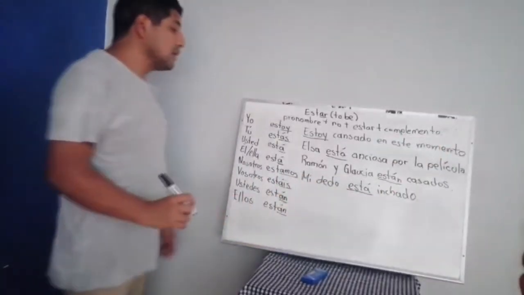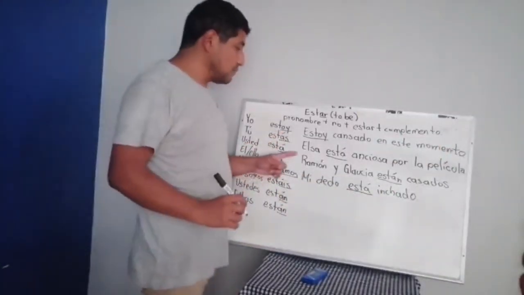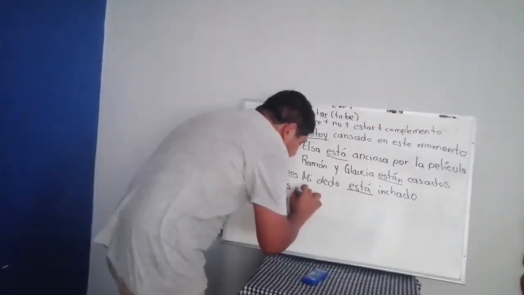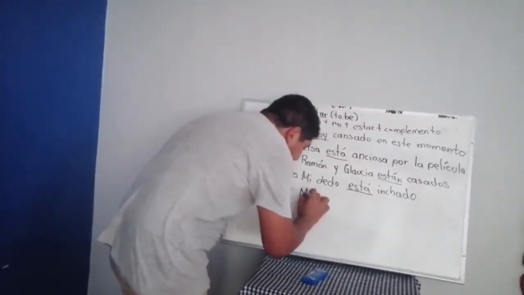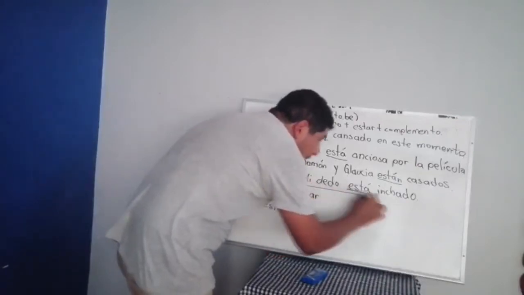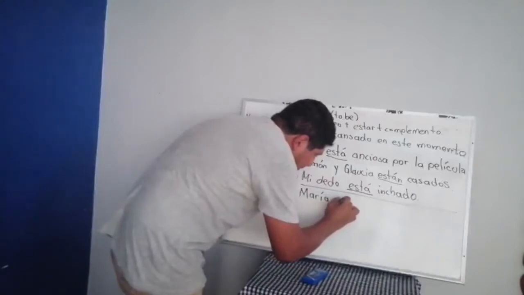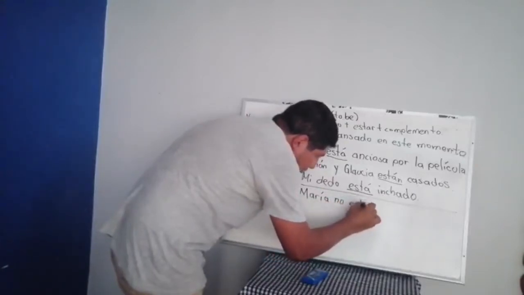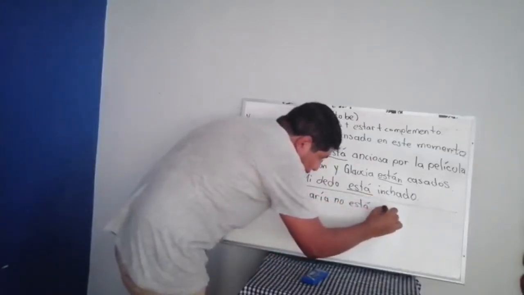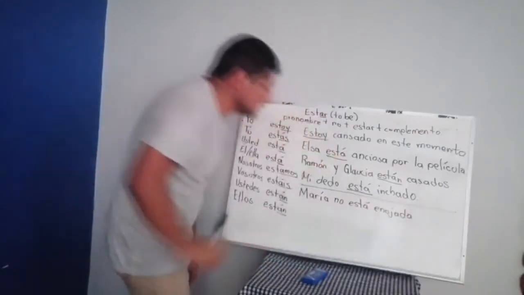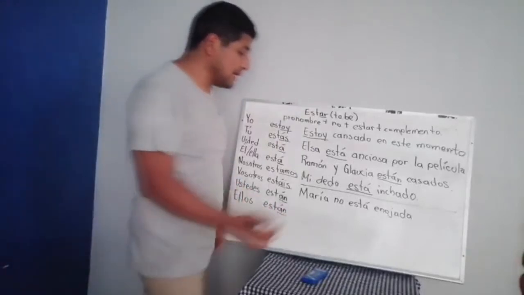Okay, so now, for example, we can say Maria. Now we are going to talk in negative. Maria no está, okay, no está enojada. Remember that Maria no está enojada.